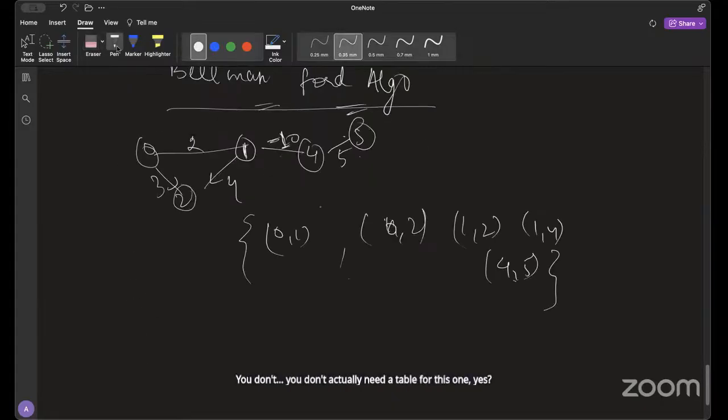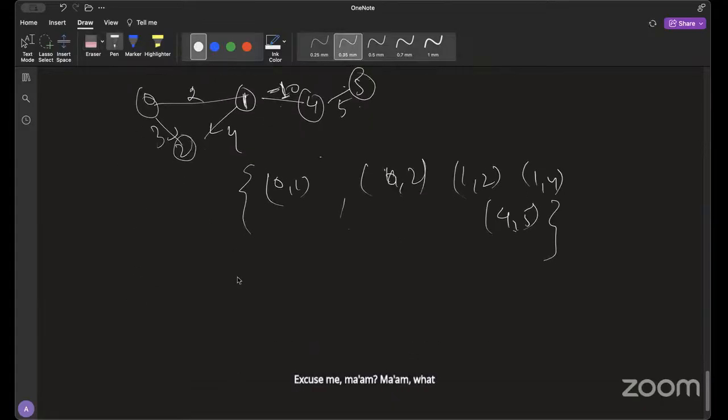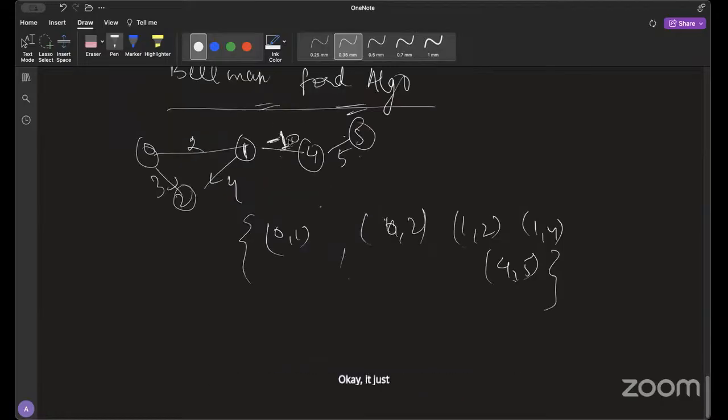Ma'am, what does this minus 10 actually represent? Okay, sometimes there can be negative things. In cost, you cannot have negative things. For the burning one that we did, the time can't be negative, so we can't take it in that context.